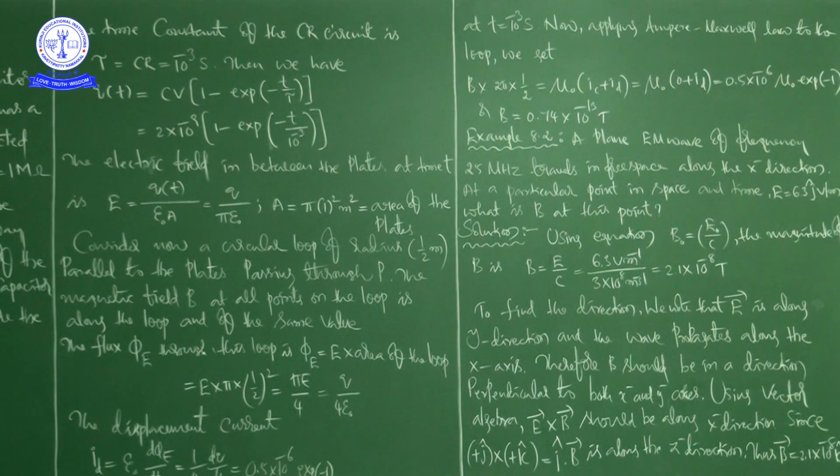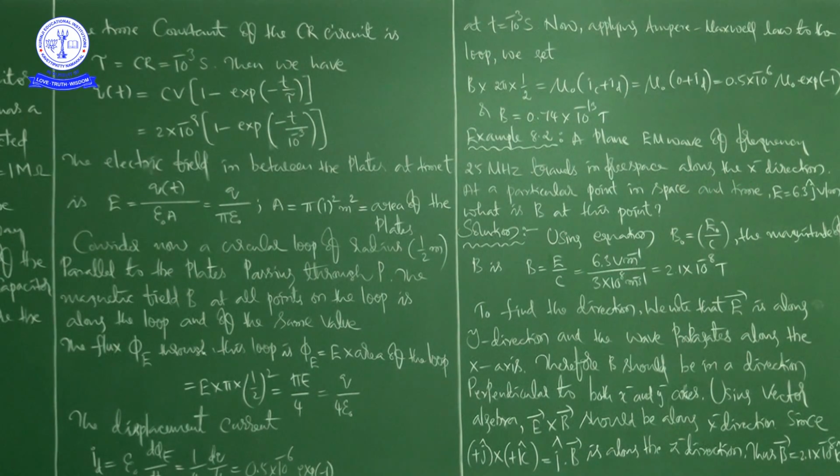A plane electromagnetic wave of frequency 25 megahertz, where mega means 10 to the power of 6, travels in free space along the positive x direction. If it were written minus, it would be the negative x direction, but nothing is written, so it is the positive x direction.